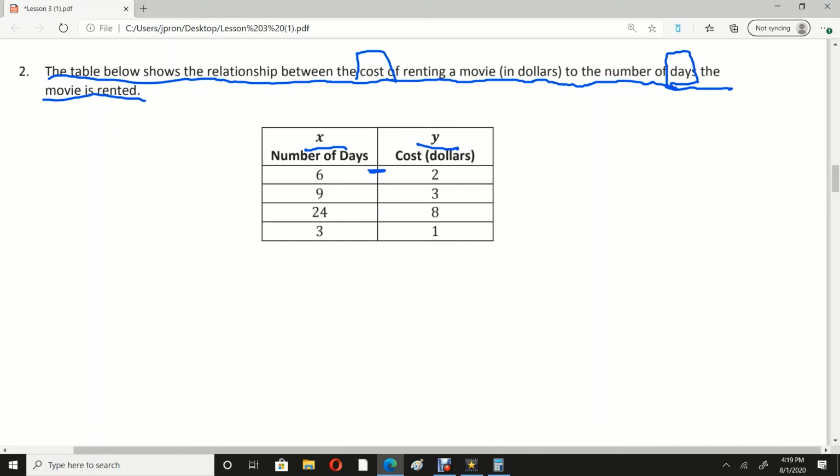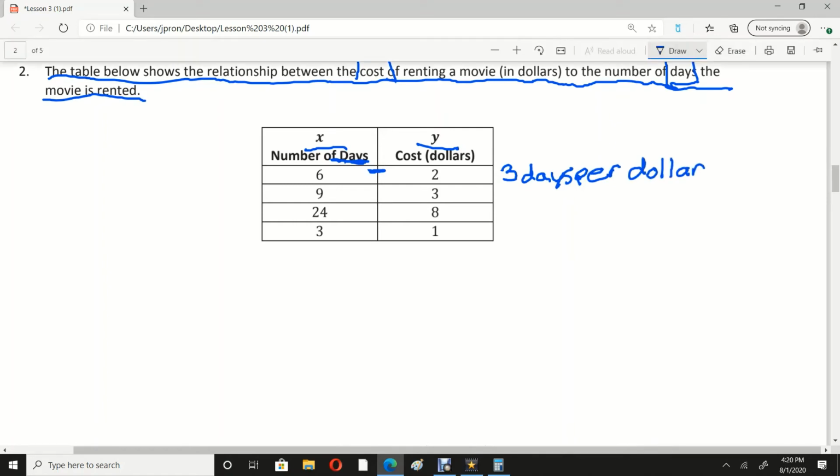Well, that would get us a unit rate of 3. But what does this 3 mean? Well, we divided the number of days by the number of dollars. So 3 represents the number of days we can rent a movie for $1. Days per dollar.